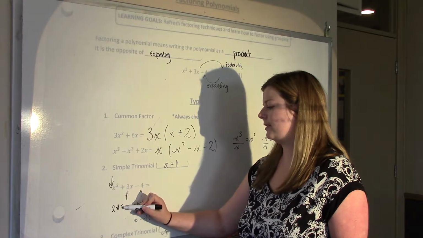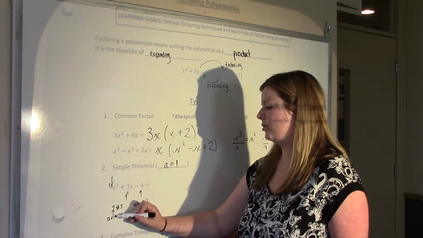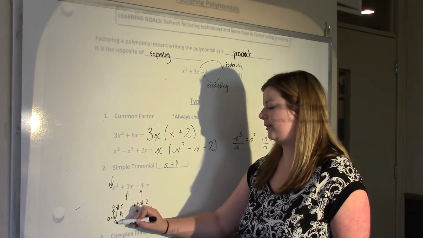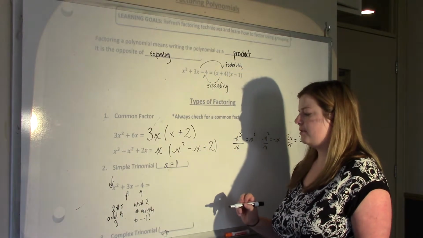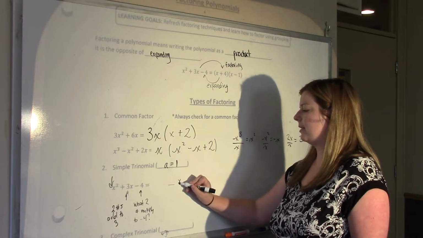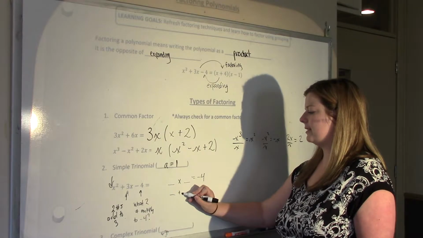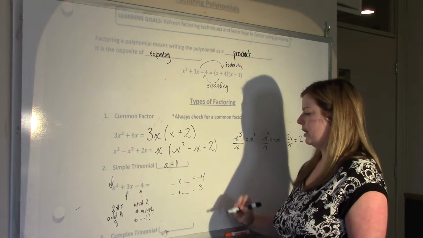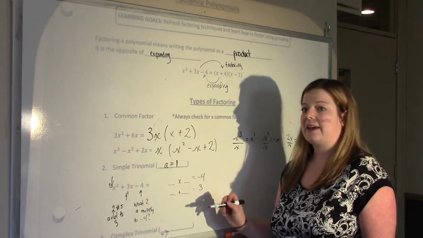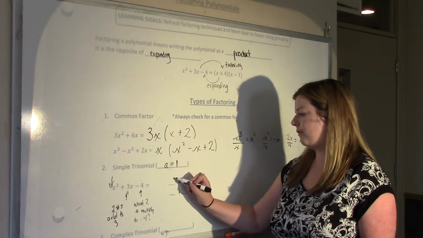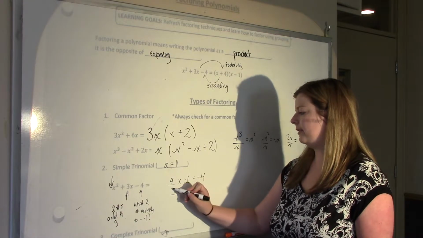Another way of writing this is something times something equals negative 4, and something plus something equals 3. I hope you can see that in this case it would be 4 and negative 1.